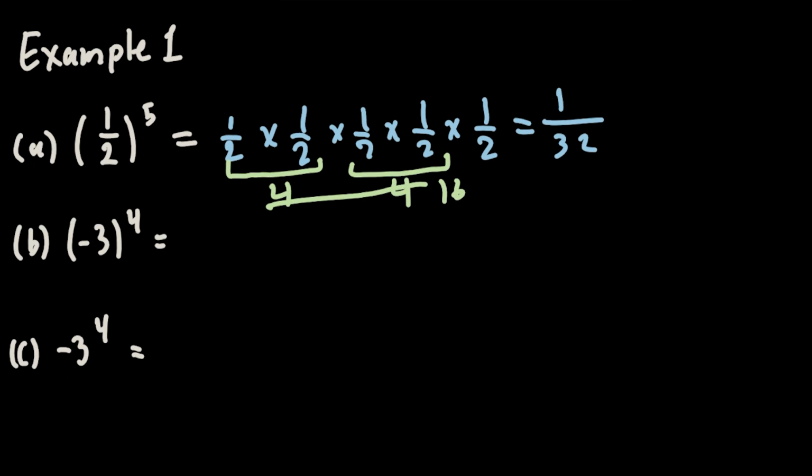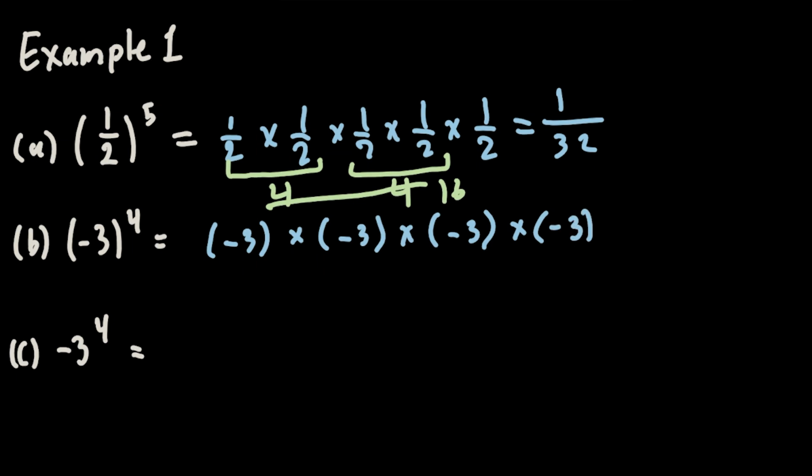Let's see the next part. The next part is minus 3 all to the power 4. So we will have minus 3 multiplied by minus 3 multiplied by minus 3 multiplied by minus 3, 4 times. So here we will get minus 3 multiplied by minus 3.